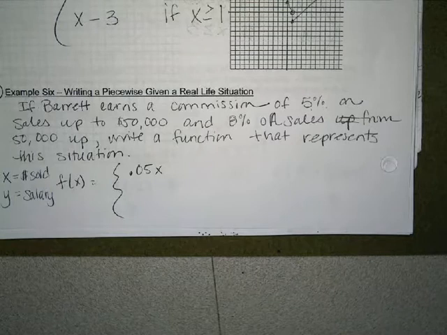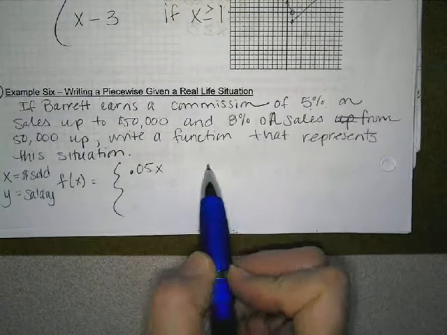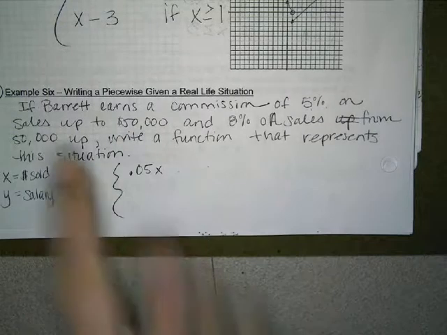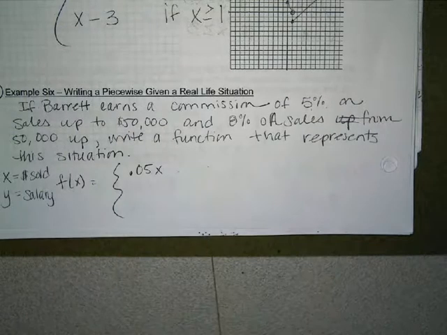Tip. Okay. So usually you don't make $2.50 an hour, you make more than that, but the rest of it's based on tips. So if we had some kind of base salary here, like let's say he made $250 a week, then that would be our initial amount. So we would add $250. But in this case, we don't have any base salary, we just have commission. So our function to find out how much he makes is just 0.05 times x.